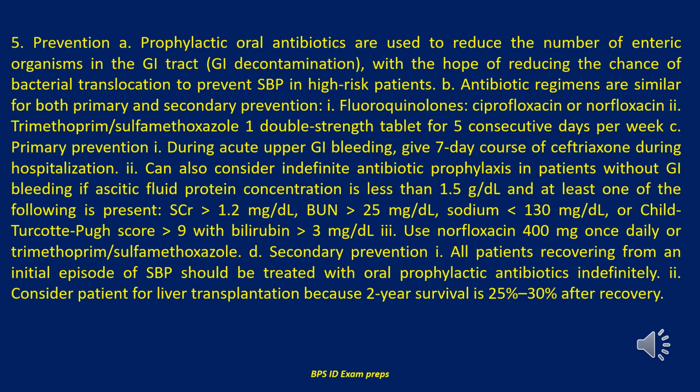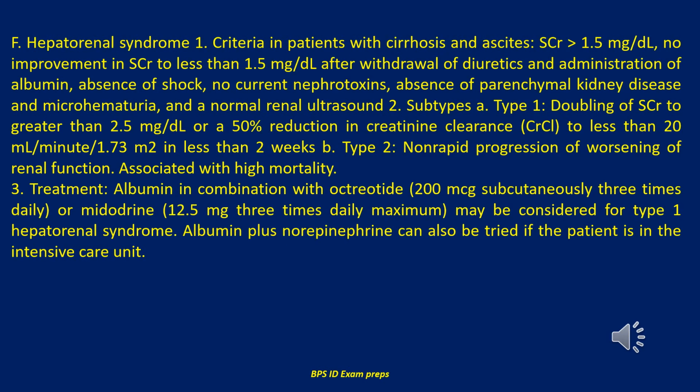All patients recovering from an initial episode of SBP should be treated with oral prophylactic antibiotics indefinitely. 2. Consider patient for liver transplantation because 2-year survival is 25% to 30% after recovery. F. Regarding hepatorenal syndrome, 1.